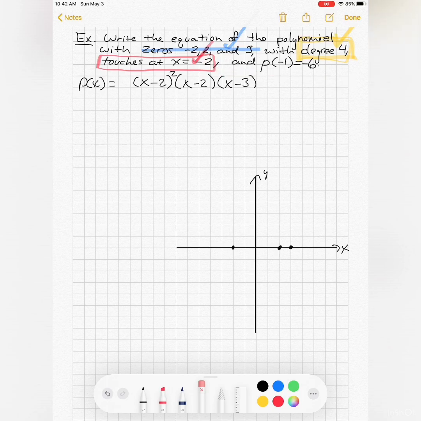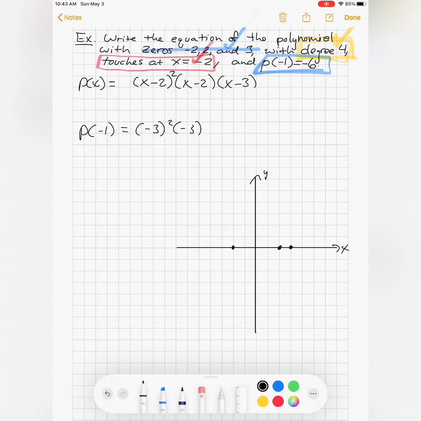The only thing left to account for is this fact: P of -1 equals -6. So that's saying if I plug -1 in, what did I do here? Let me go back.